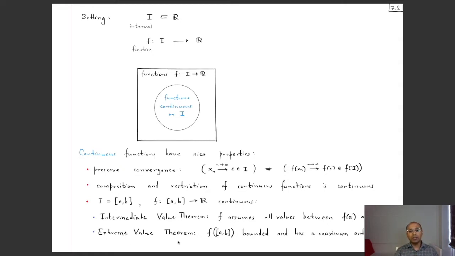And the extreme value theorem says that if you look at the image of this domain, so you look at this set f([a, b]), then that set is bounded. So it has an upper bound and a lower bound, and since it's non-empty, it also has a least upper bound, the supremum, and the greatest lower bound, the infimum.